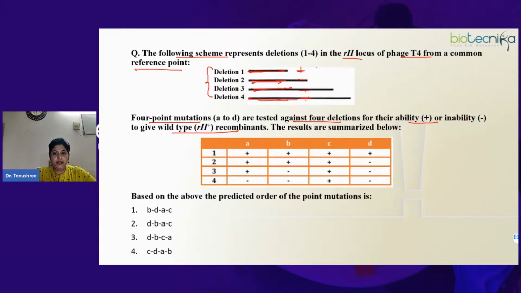Think about it. So plus minus minus minus. What could be another pattern? Plus plus minus minus. Third pattern, plus plus plus minus.